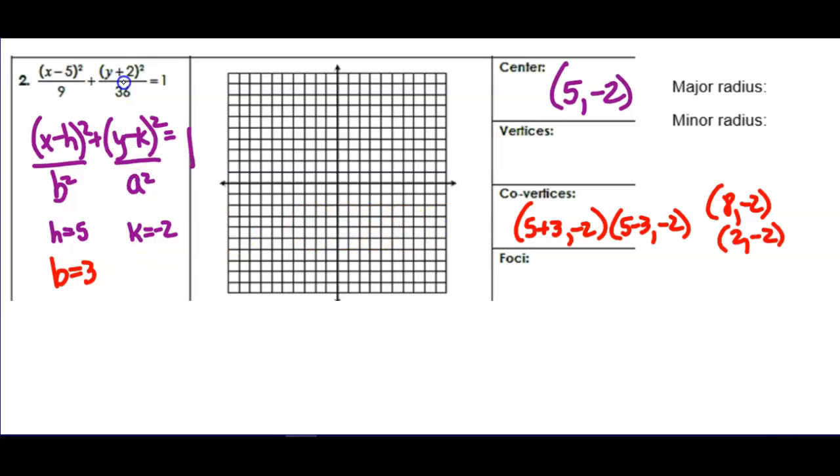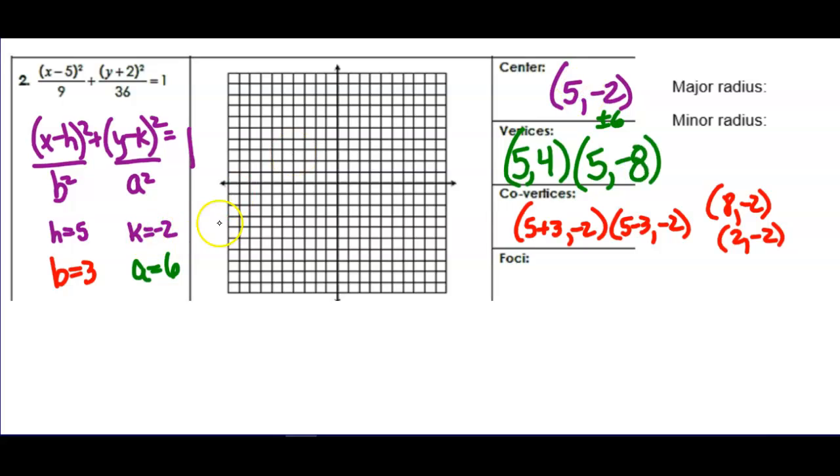All right, now the longer direction is in the y direction. So underneath this, a squared is 36, so a is 6, and that's in the y direction, so we go plus or minus 6 back here. So we get 5, -2 plus 6 is 4, and 5, -2 minus 6 is -8.